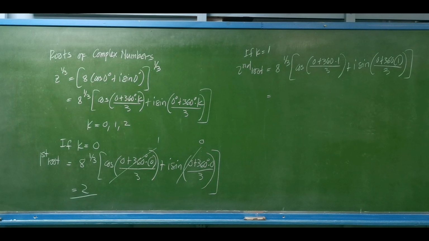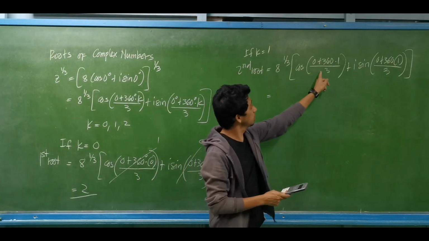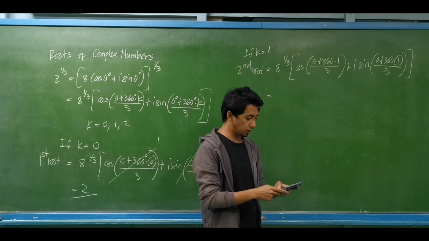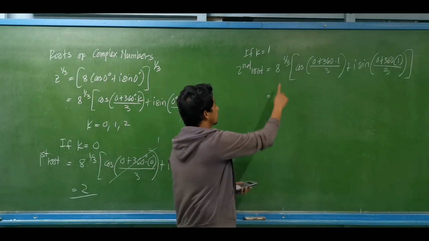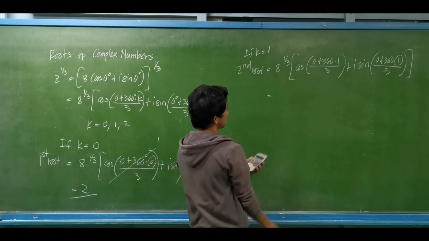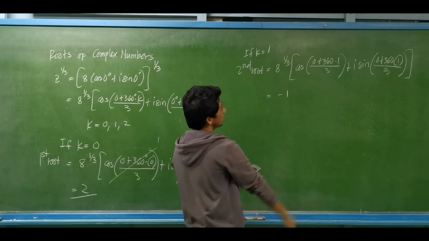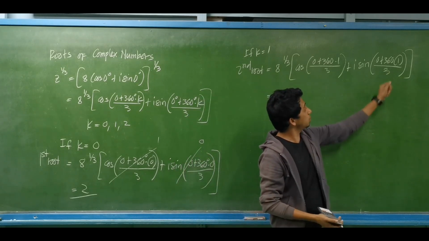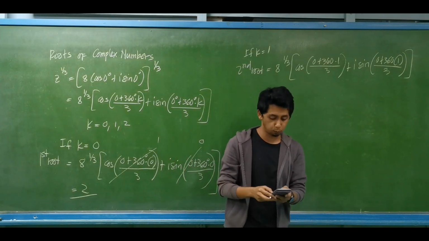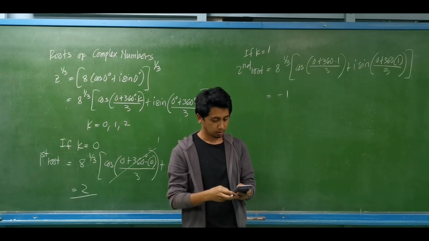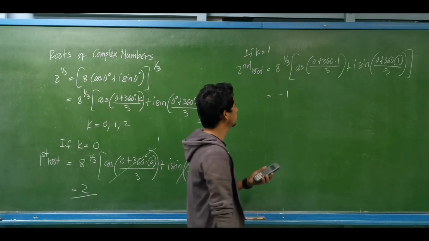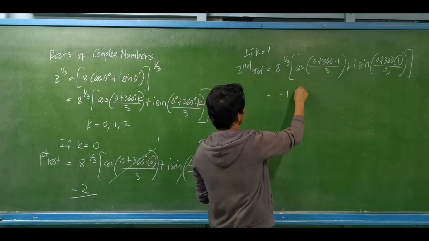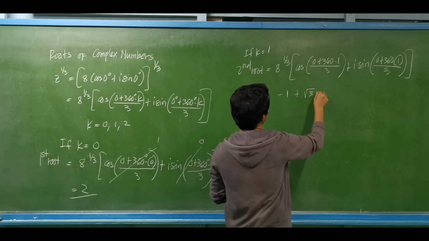If you use a calculator, cosine of 120 is negative 1/2, and the cube root of 8 is positive 2, so this gives negative 1. How about sine of 120? Sine of 120 is the square root of 3 over 2, times 2, so that is plus the square root of 3 times i.